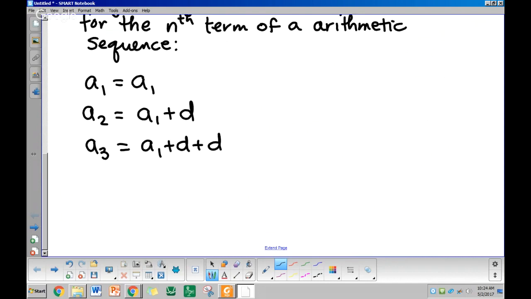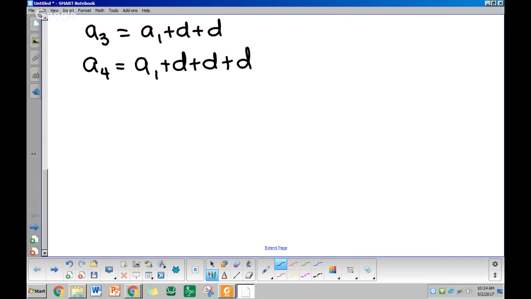Everybody follow that? A sub 4? A sub 1 plus d plus d plus d. And should we go 4d next? We've done 3d. A sub 5 would be a sub 1 plus 4d.